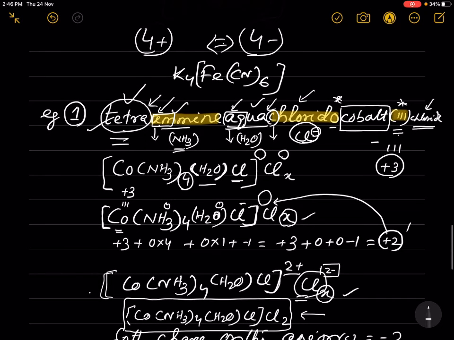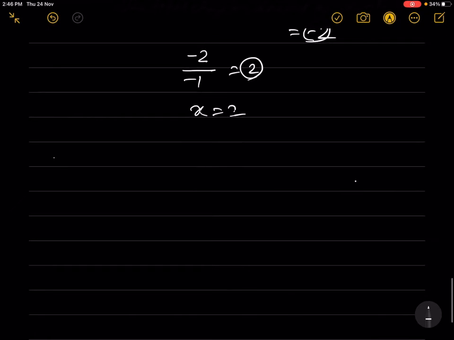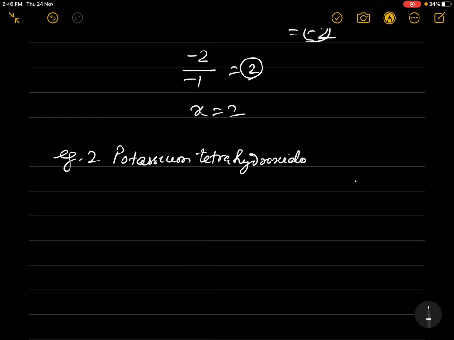Let us do another example. Example 2: Potassium tetrahydroxido zincate 2.